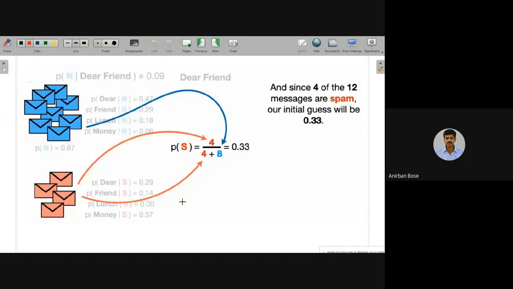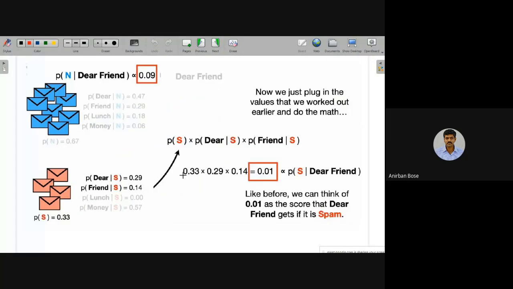Now exactly in a similar way, you find out the probability of the spam messages. That is, 4, because there are 4 spam messages, divided by the total number of messages in the training data set, that is 4 plus 8. So in this way you can calculate P(S). And again you do it for "dear": what is the probability of "dear" if it is a spam?